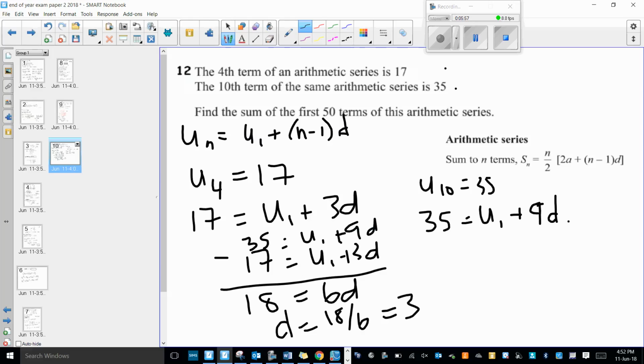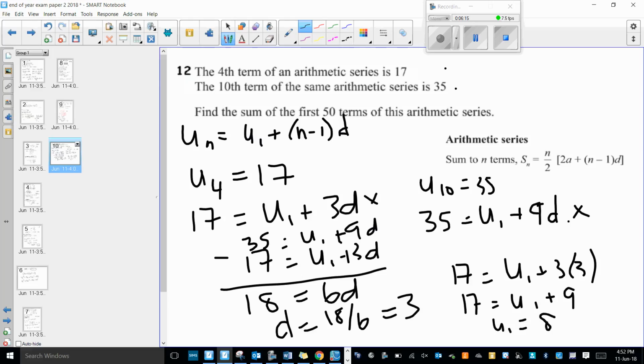That means that I can also establish U1 by substituting into either of these. So 17 equals U1 plus 3 multiplied by 3. So U1 is 8. So we now have all the information we need.